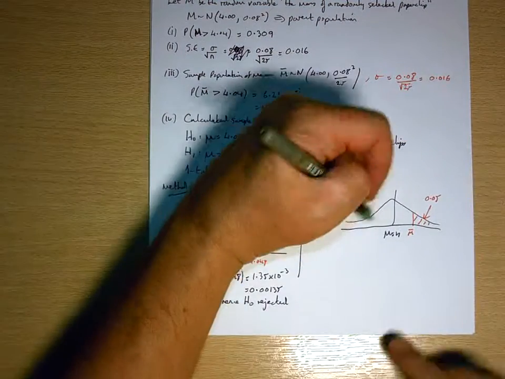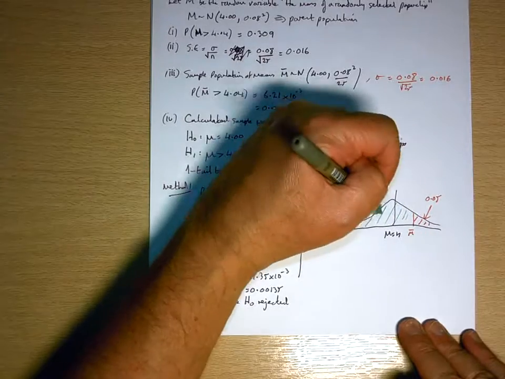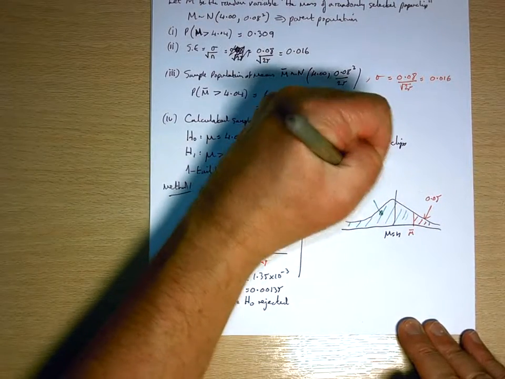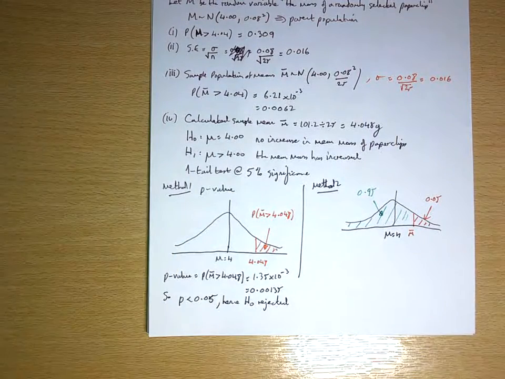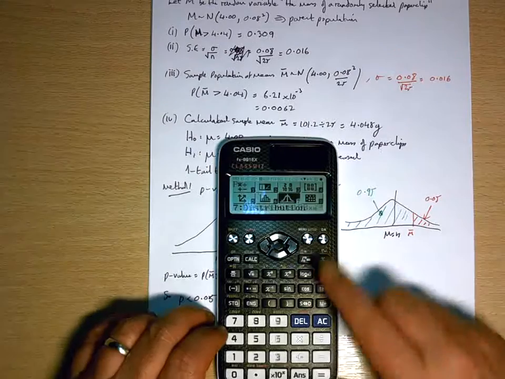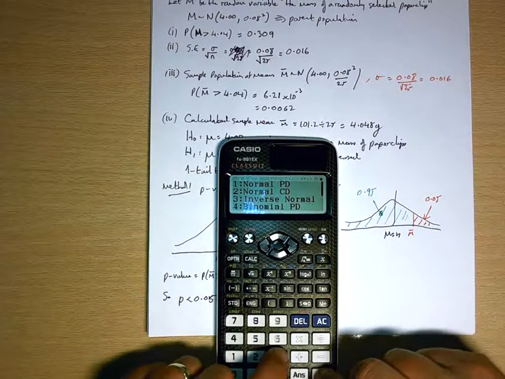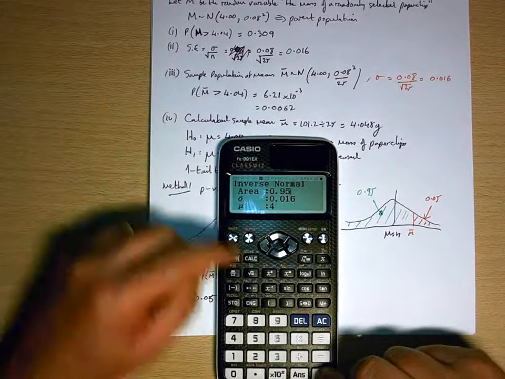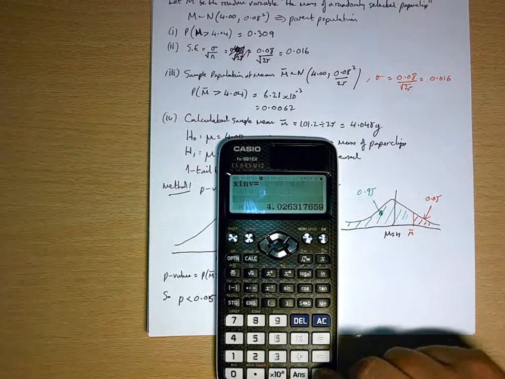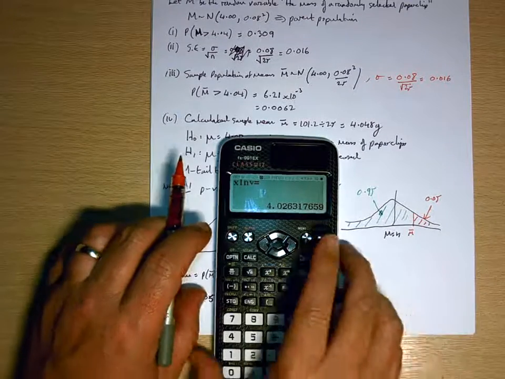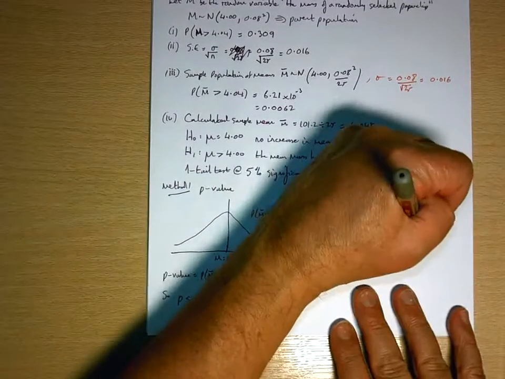On my calculator, because it's less than, my area that I'm going to be typing into my calculator is 0.95. So back to the menu, inverse normal this time, area 0.95, everything else stays the same. So that critical value is 4.03.